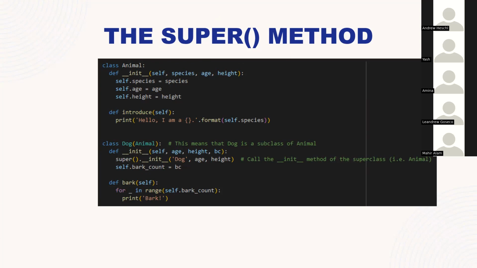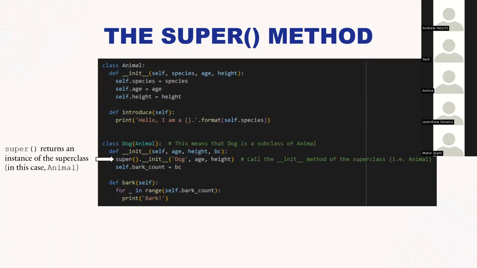What super does is it returns an instance of the superclass, which in this case is animal. And so from the subclass, we can call any instance methods and access any instance attributes of the superclass using this super method, right? So what I'm doing here is calling super.init. And what that's going to do is it'll call init in the superclass of dog.